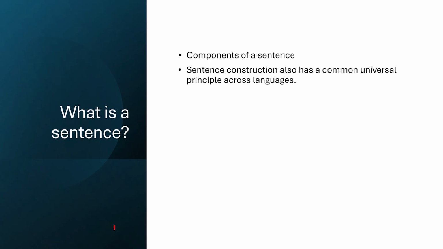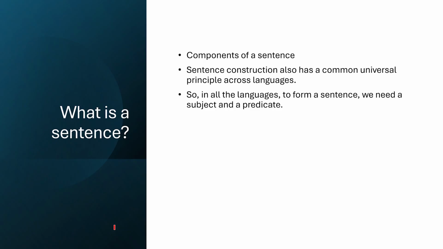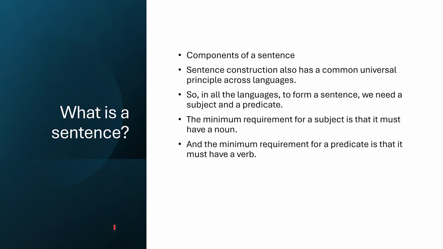Sentence construction has a common universal principle across languages. In all the languages, to form a sentence, we need a subject and a predicate. The minimum requirement for a subject is that it must have a noun or even a pronoun. And the minimum requirement for a predicate is that it must have a verb.